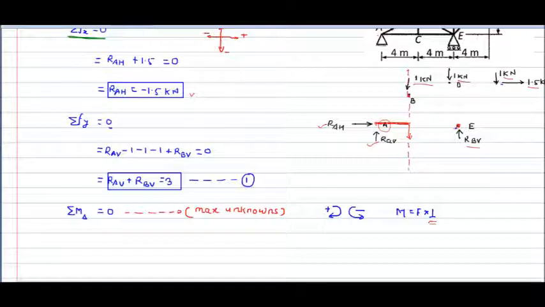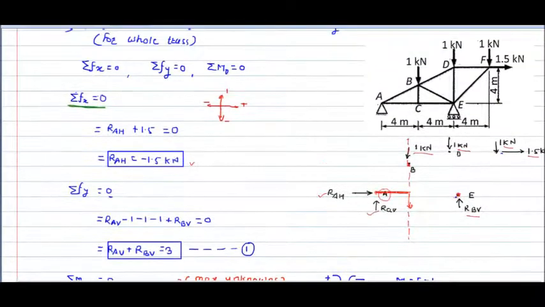Okay, and this 1 kilonewton force can be shown this way also. It means now, whenever I write down the equation, the force 1 multiplied by the perpendicular distance, which we have finalized. Now you can go into this figure and check what the distance is, because in this figure itself you may get confused. That's why I've drawn this complete figure side by side. So this is my first point, and this is the line of action of this force, and what we have finalized is the perpendicular distance.